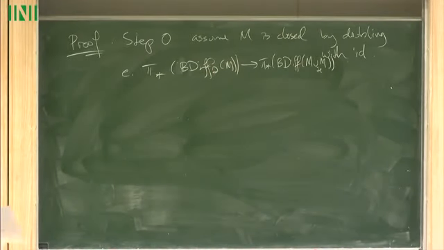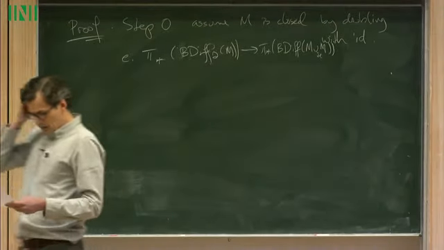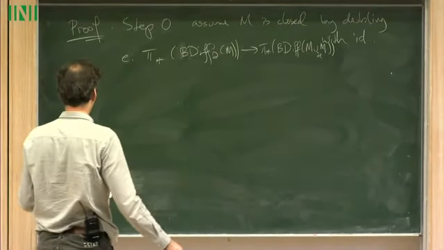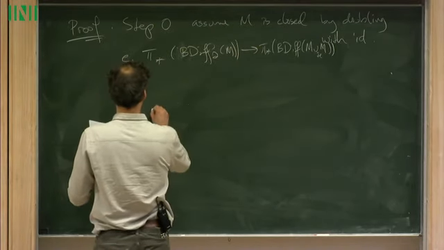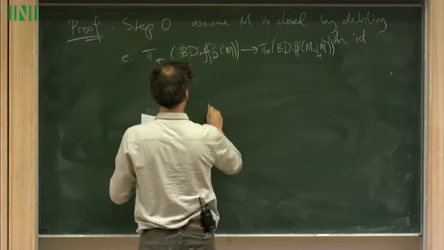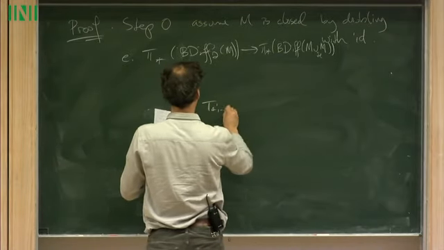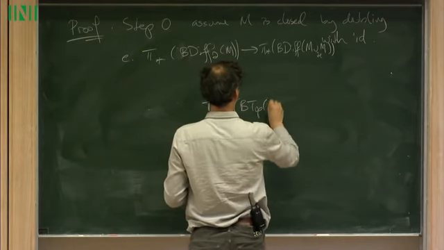So without loss of generality, if you like, I assume I have a closed manifold. So what's the diagram I'm trying to think about? I have a class here in this relative homotopy group, this Weiss class.